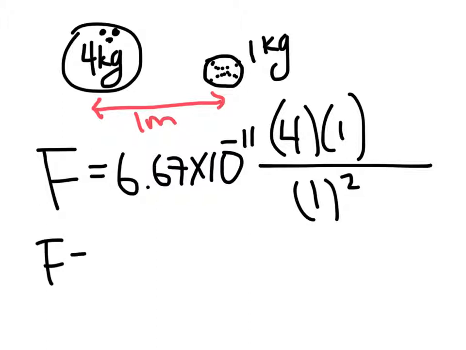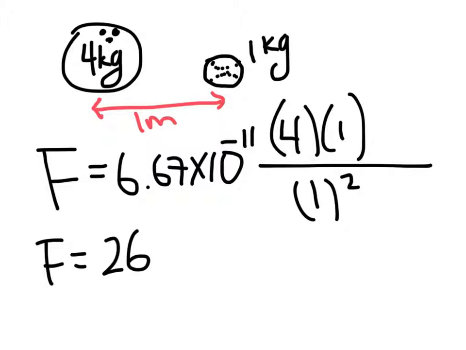6.67 times 10 to the negative 11. And I should have calculated, I can use my phone. So 6.67 times 10 to the negative 11 times 4 will give us, pause while I find my calculator. My old eyes can hardly see. 6.67 times 4 equals, okay.